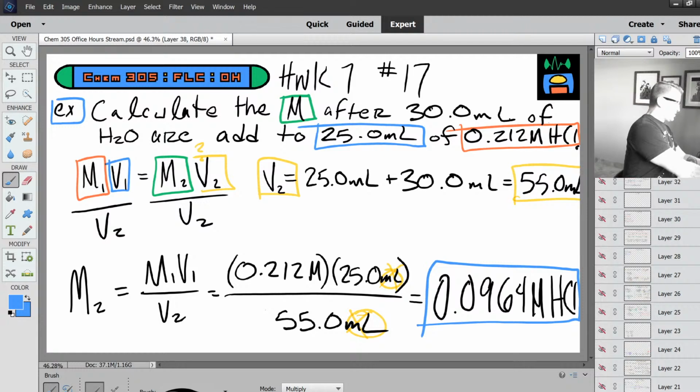With dilution problems, you will always end up using M1 V1 equals M2 V2, but how you use it can change based on how the problem is worded.